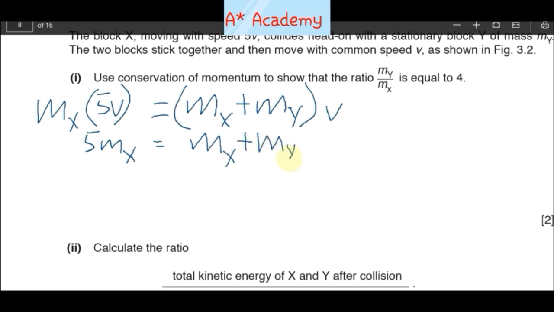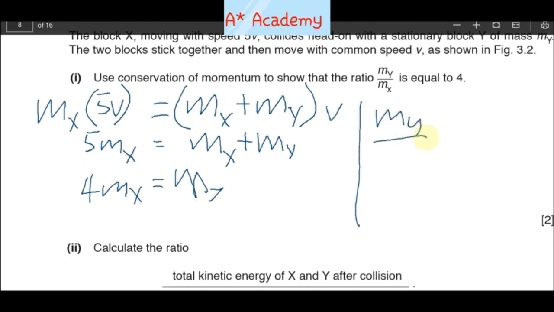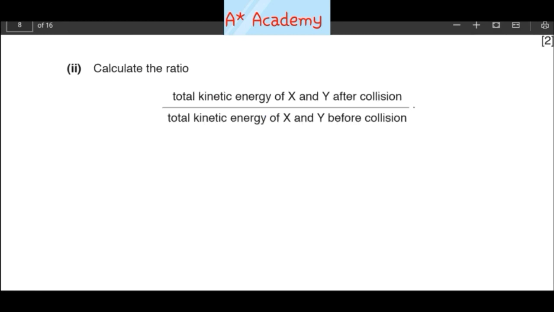Now if we take mx to the other side, it will be subtracted and we will have 4mx equals my. 4mx equals my, and this will give us the ratio my over mx. There you have it.